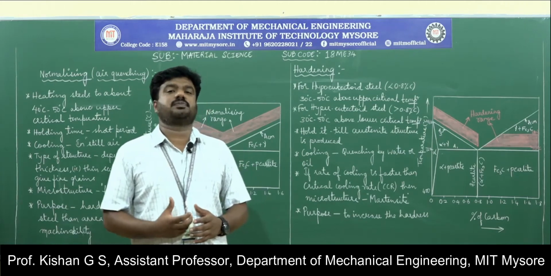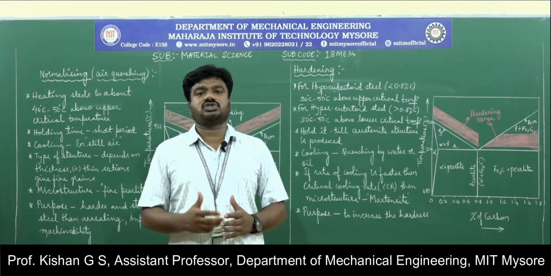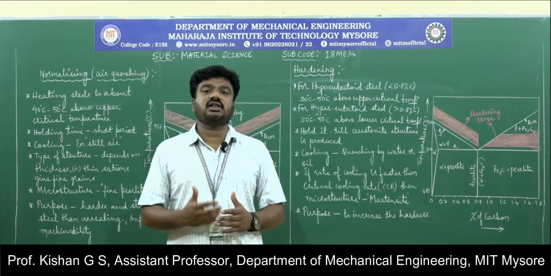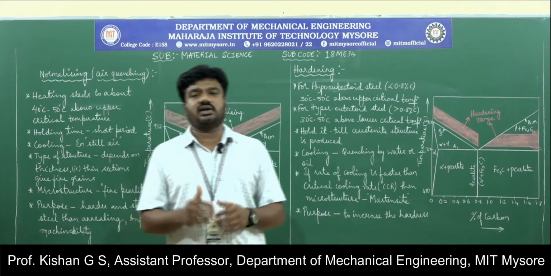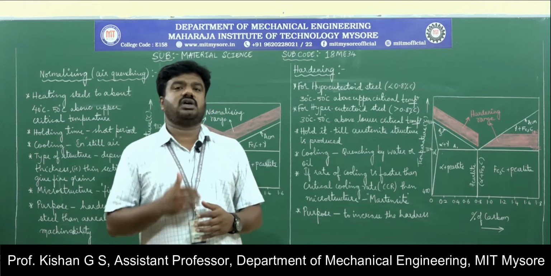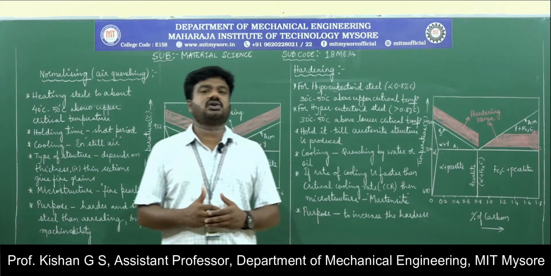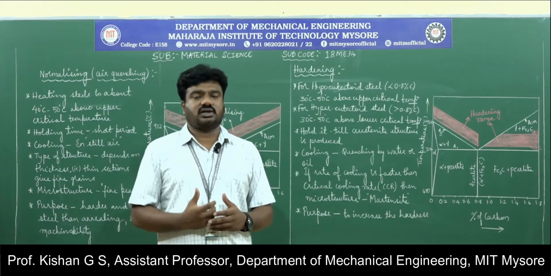So when we opt for the process of quenching in water or oil, that leads to a cooling rate which is faster than the critical cooling rate. The critical cooling rate is what we studied in the first class of the heat treatment process itself. If the cooling is faster than the critical cooling rate, then obviously we know that the structure will definitely be martensite.